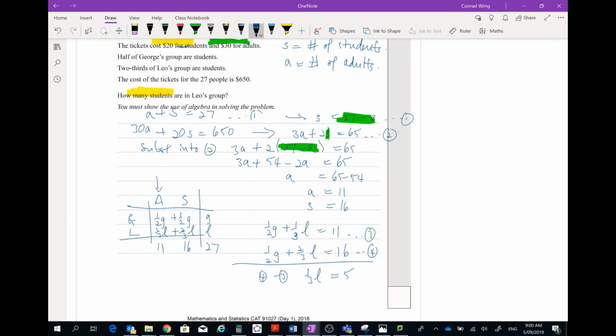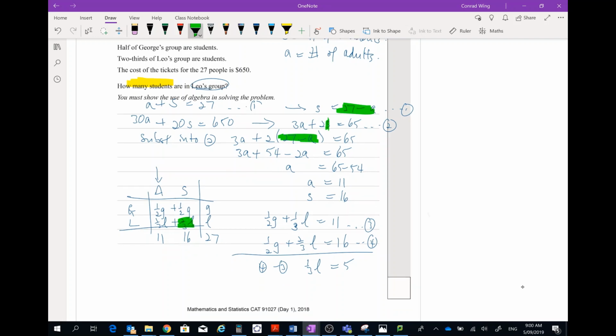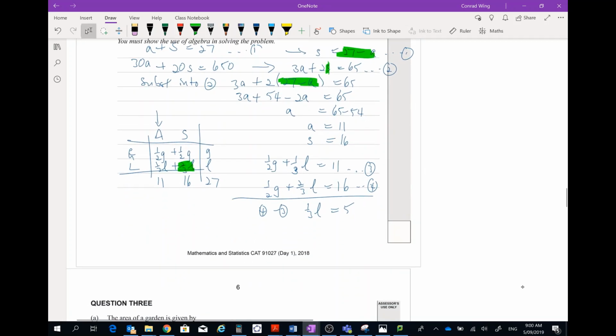We don't even have to find the value of L per se. It says how many students are in Leo's group, which is 2/3 of L. If 1/3 of L is 5, what's 2/3 of L? 10. Therefore there are 10 students in Leo's group.